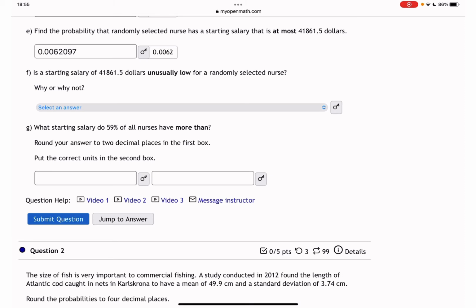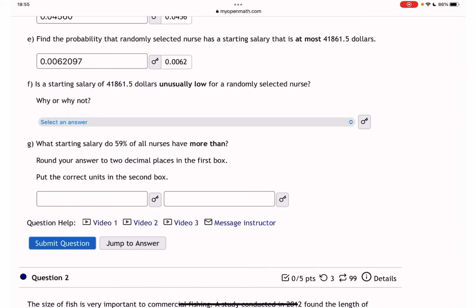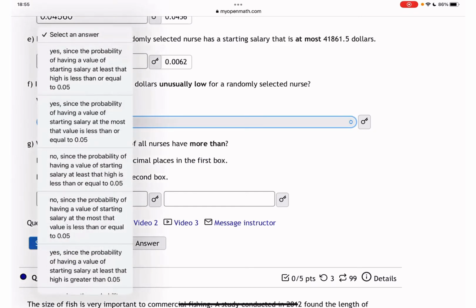So what do we have next? If a starting salary of $41,861.5 is unusually low for a randomly selected nurse, is starting salary unusually low? Why or why not? Yes, it is unusually low because probability of having a value of starting salary at the most, that value is less or equal 0.05.